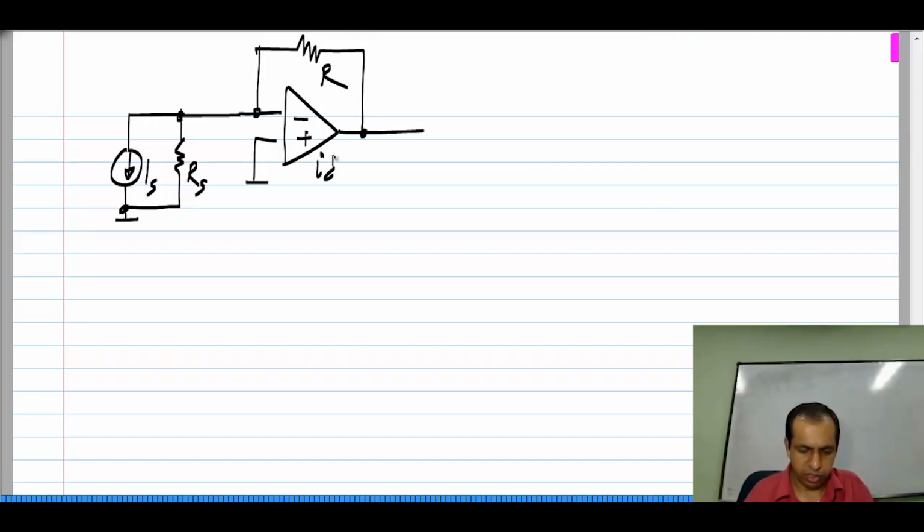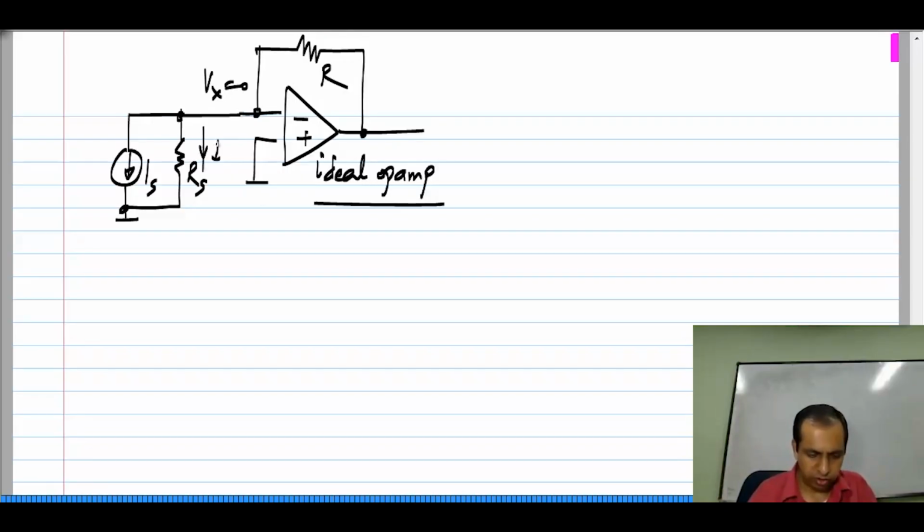Again, I am considering an ideal op amp here. This is in negative feedback, as you can verify for yourselves. Now, this Vx here is 0, which means that this Rs, no current flows through it. And if no current flows through it, I could remove it and it makes no difference to my circuit.